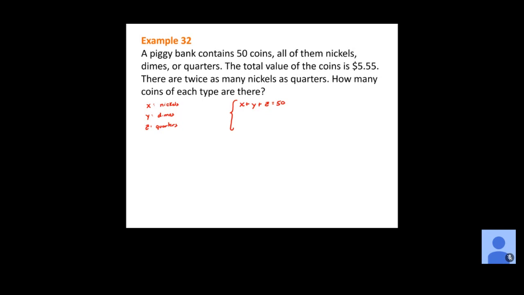So we know the number of nickels needs to be twice the number of quarters. Good. All right, now we have three variables. We need three equations. What's that third equation going to look like?